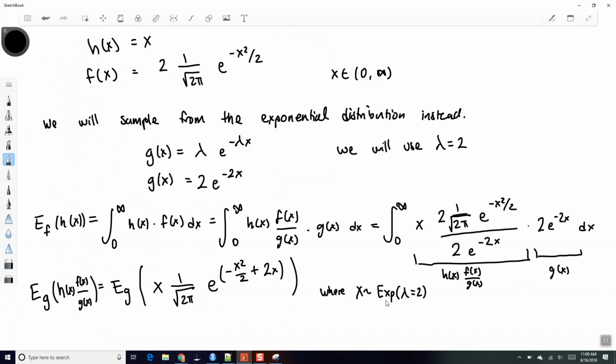Okay, and then to get an estimate, we will draw x from the exponential with lambda equal to 2, and then we apply this function to all of those x values, and then we take the sample mean.